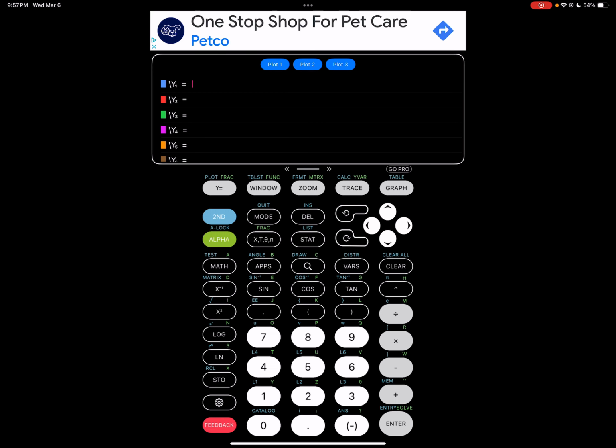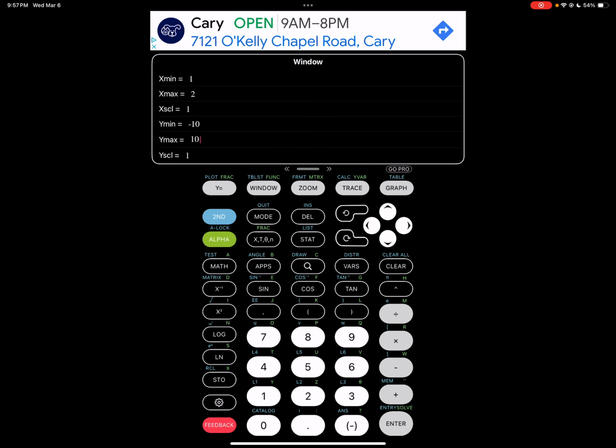So we have cosine of x minus x sine of x. And then my window is between 0 and 3 pi over 2.